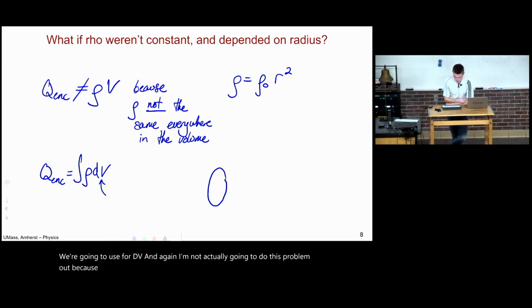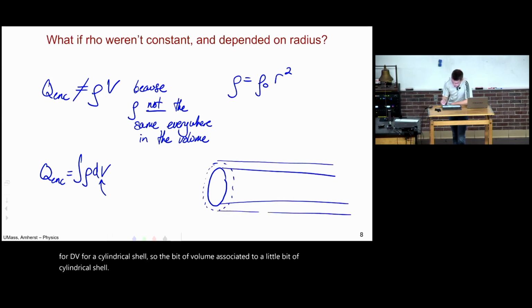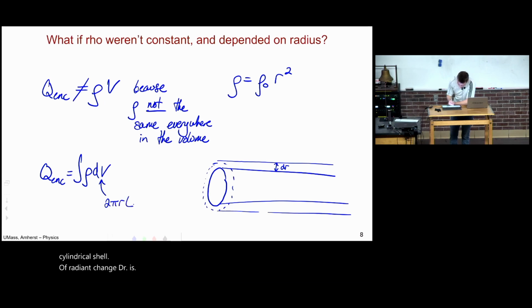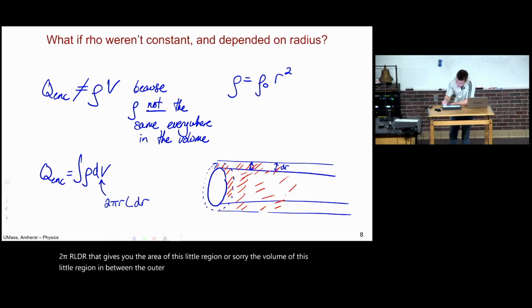We're going to use one of these formulas for dV for a cylindrical shell. So the bit of volume associated to a little bit of cylindrical shell of radius change dr is 2 pi r L dr. Okay, that gives you the volume of this little region in between the outer shell and the inner shell.